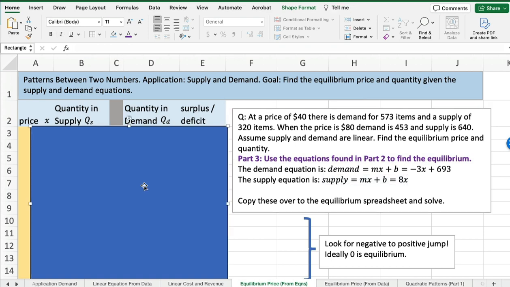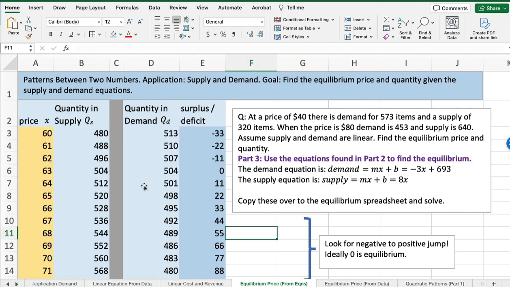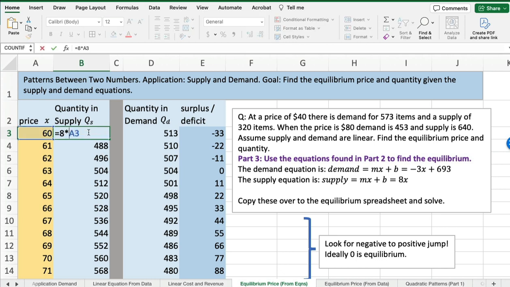Okay, so I'm going to remove this. And as you can see, the quantity in supply, if we look at the formula that I typed in there, that is 8x. So that equals 8 times the quantity A3, that's our price. So equals 8 times price.